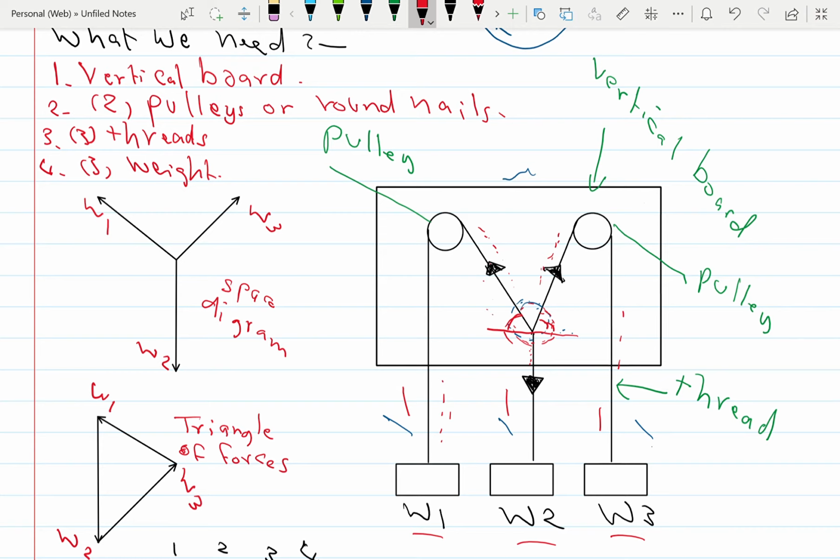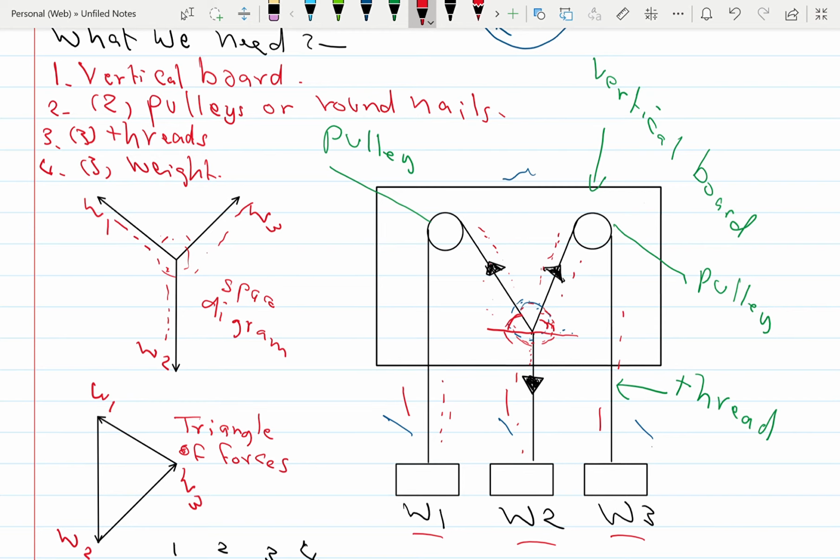So we can make a space diagram on the A4 with a pencil or a pen, and we will know the direction without measuring the angles. As we look at this space diagram, the first force is in the same direction, so it should be parallel to it. Weight 3 the same here, and weight number 1 the same.